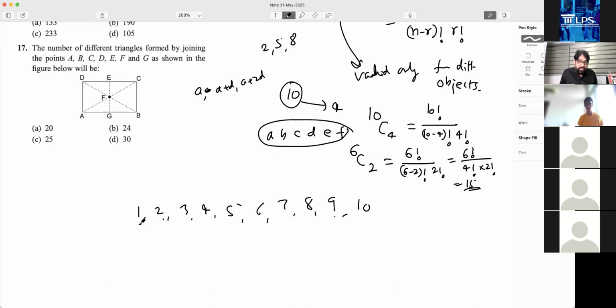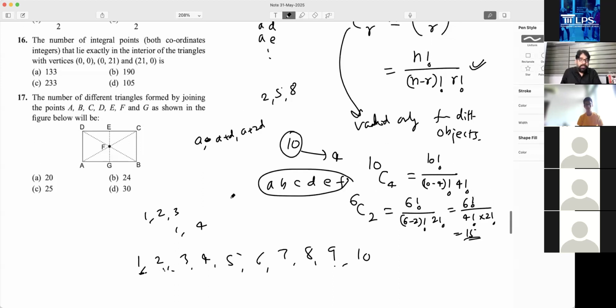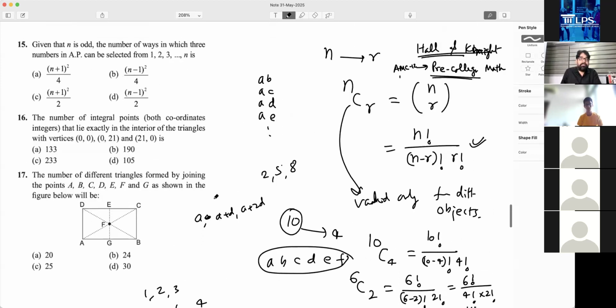If I select 1, 2, what other number should I take so that it becomes an AP? So 3. If you selected 1 and 4, then 7 will come.